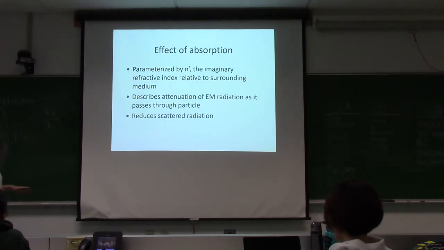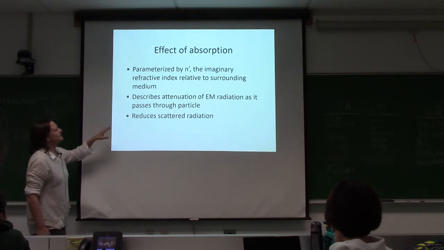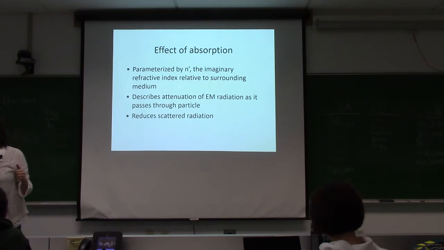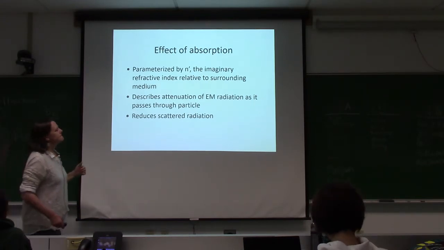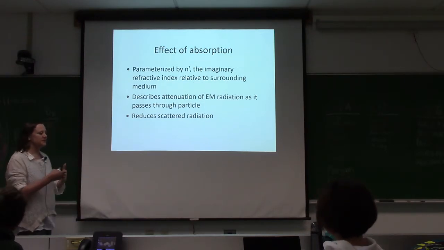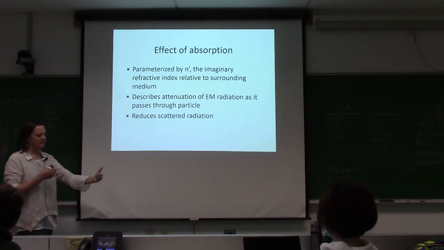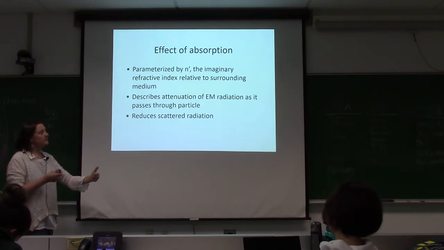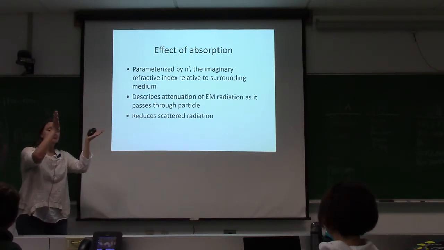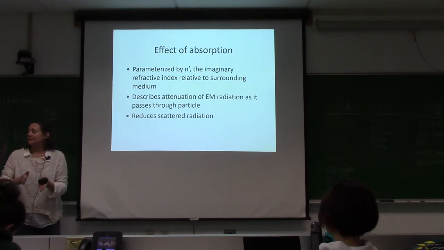Okay, so the effect of absorption on this: we talk about the index of refraction. The real part is what slows down light as it enters the particle. The imaginary index of refraction defines that exponential decay in the amplitude that we derived yesterday, right?